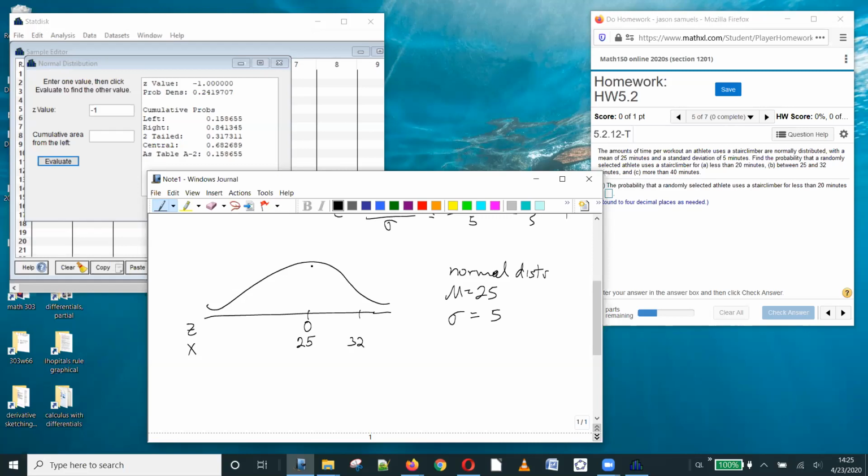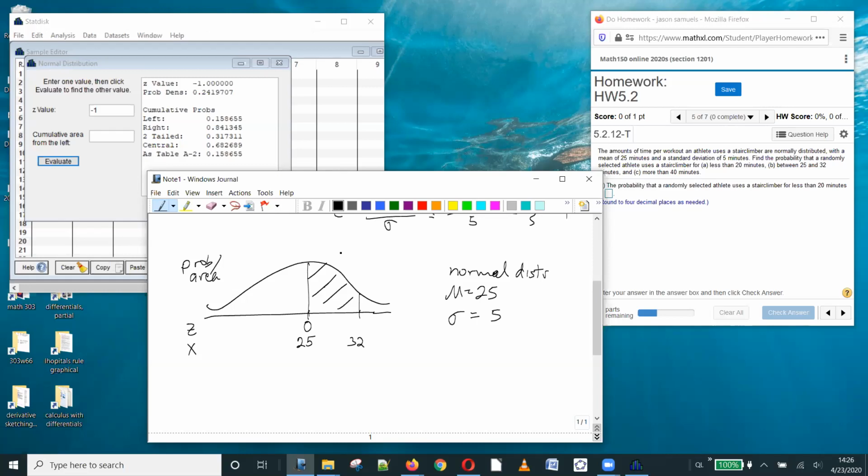Remember that probability and area, we think of as the same thing. So we're being asked to find that area in there. That's the question, that's all the given information represented now on the diagram.